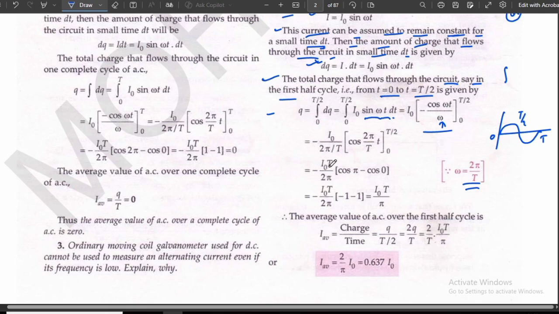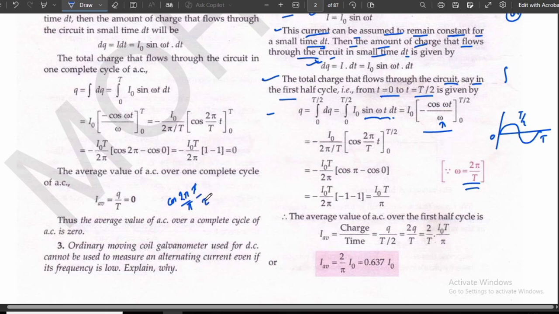So it will be I0 T by 2 pi, and now if we put the limits, it will be cos of 2 pi by capital T into T by 2. First the upper limit: cos of 2 pi by capital T, replacing the value of t with T by 2.